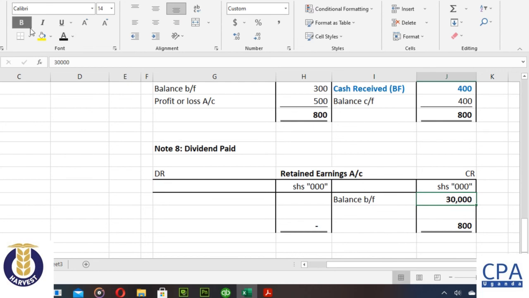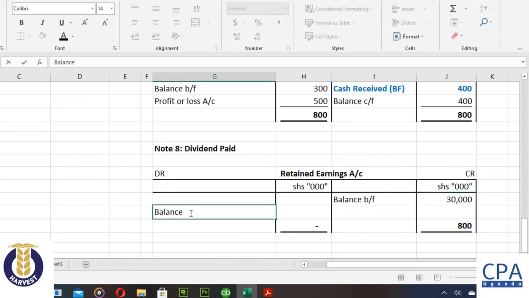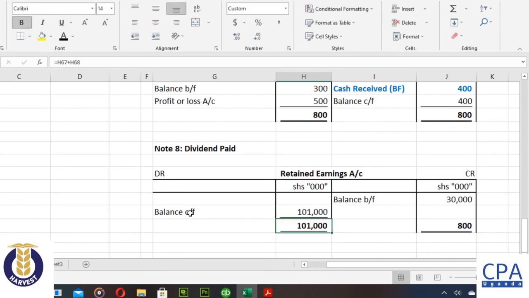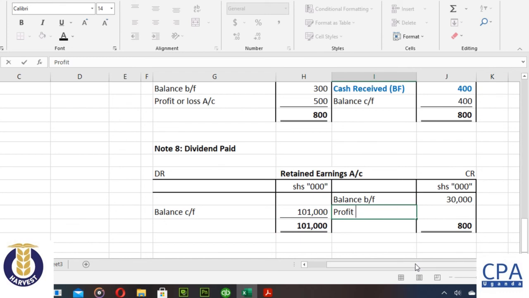And then the closing balance, the balance carried forward, is 101. Then we bring in our profit or loss. We had a profit of 152 million.